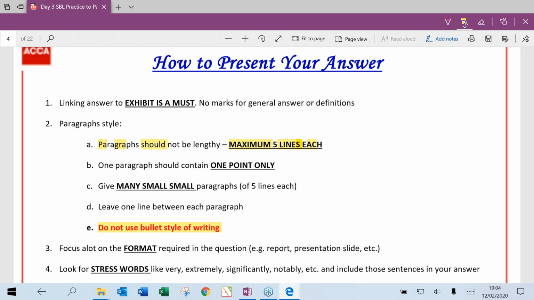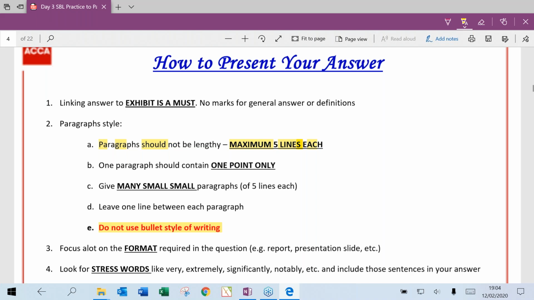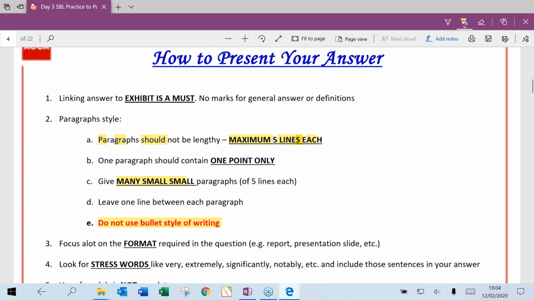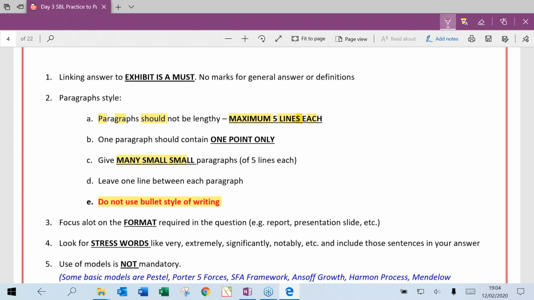So accordingly we have to give many small paragraphs, and leave one line between each paragraph. This is very important.